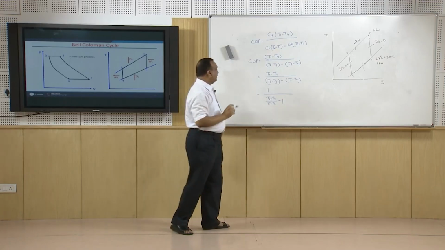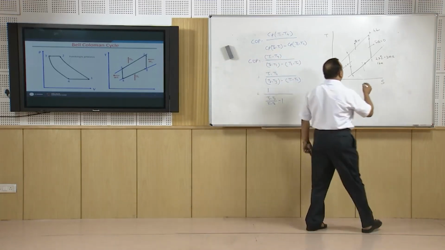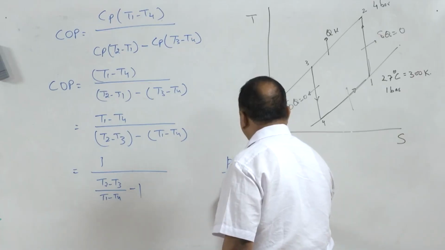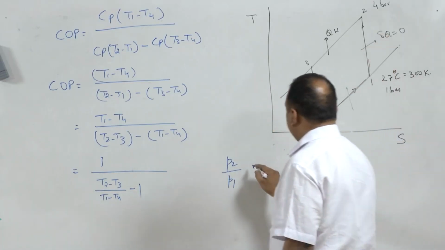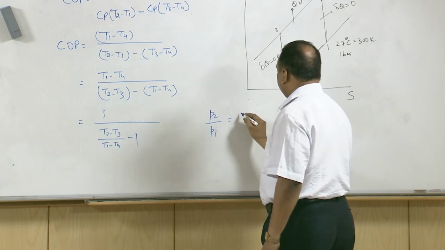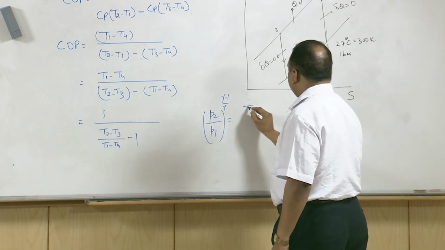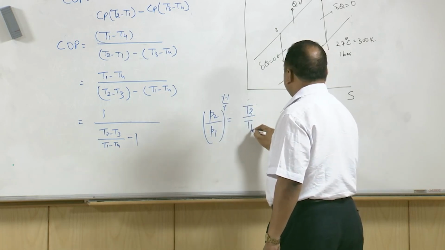We can further simplify this because P2 by P1 raised to the power (gamma minus 1) over gamma is equal to T2 by T1.